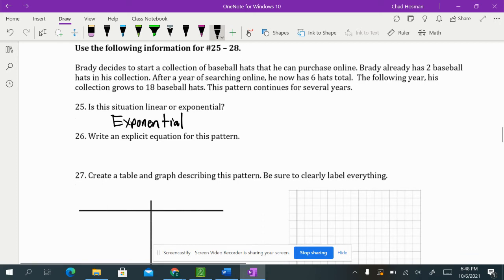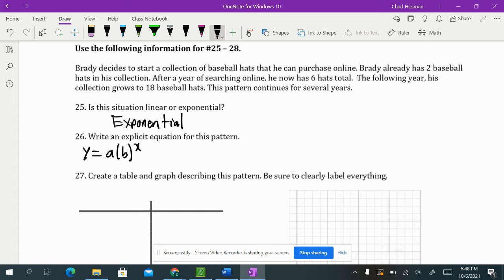Right? Then how would we write the explicit equation for this pattern? Well, we know since it's exponential, we're going to use this y equals a times b to the x. Right? Now, the big question with this is, do we use y equals a times b to the x or y equals a times b to the x minus 1?